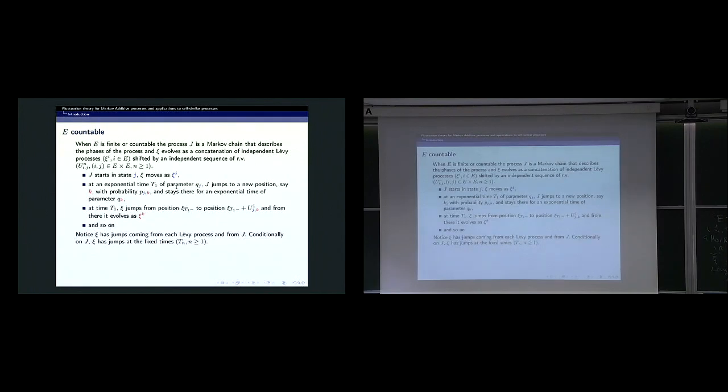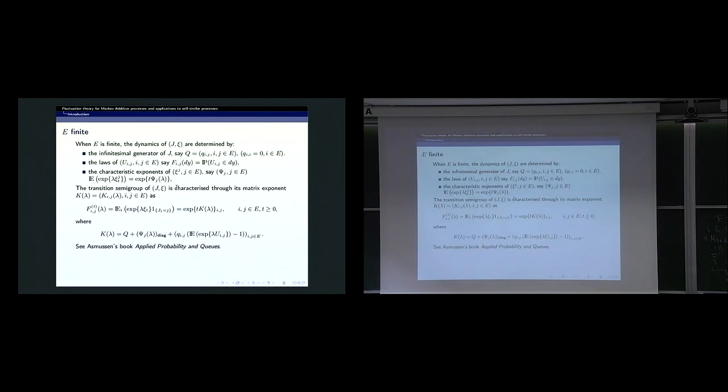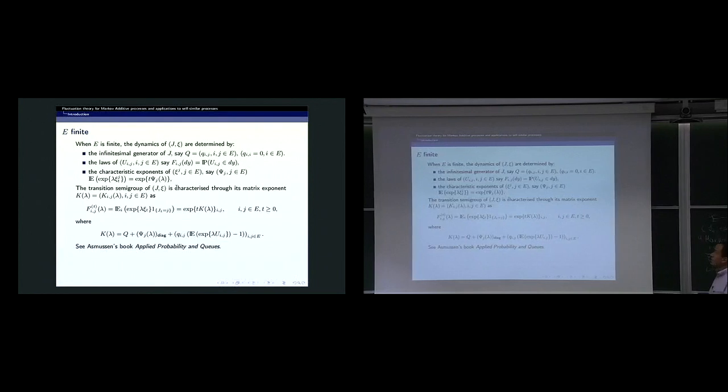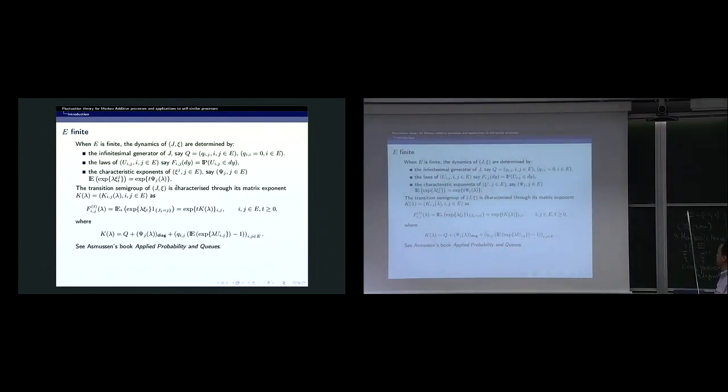Well, this is just the description I gave here on the blackboard. And here is a characterization of the Markov additive process when the state space is finite. When the state space is finite, we need to describe the Markov chain J. We know that the Markov chain can be described via the infinitesimal generator Q, that is, the rates of the process. So this is the rate at which the process J jumps from position i to position j.